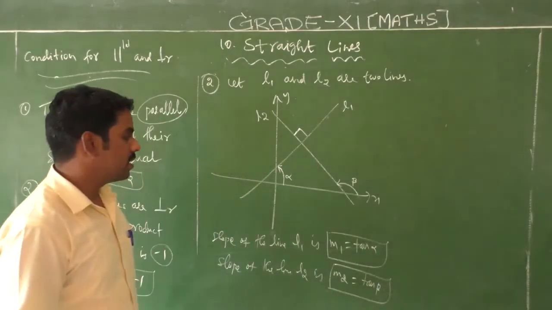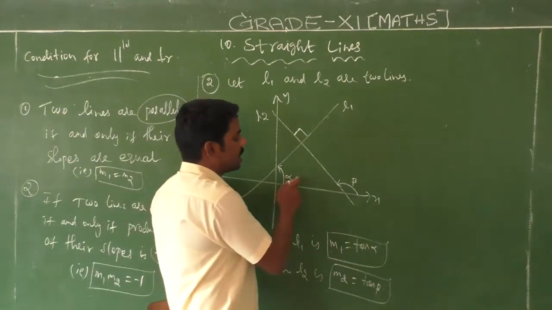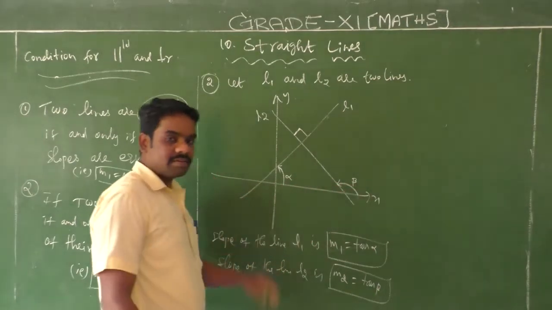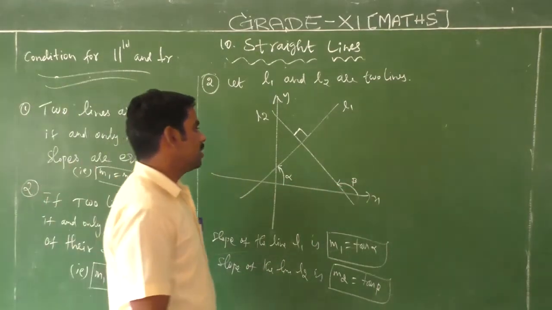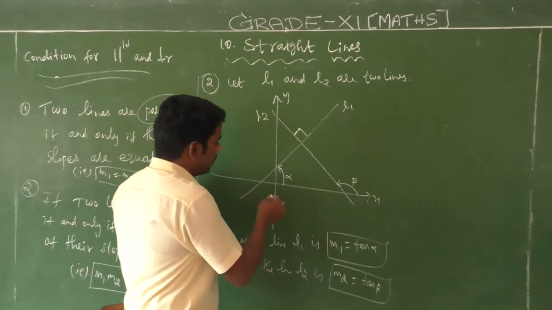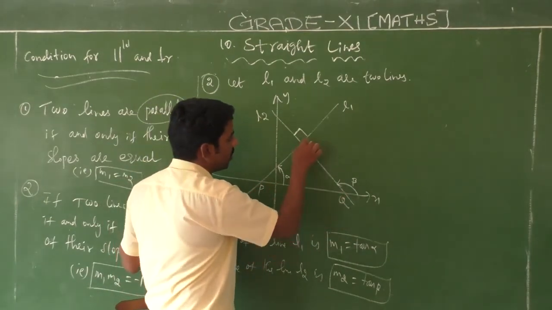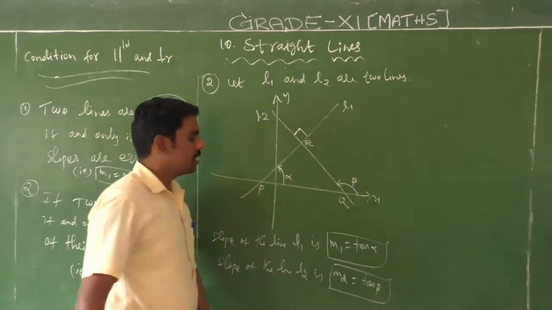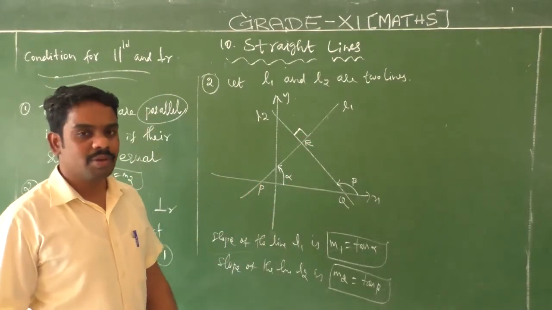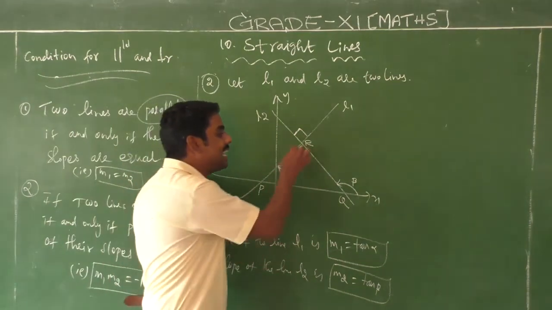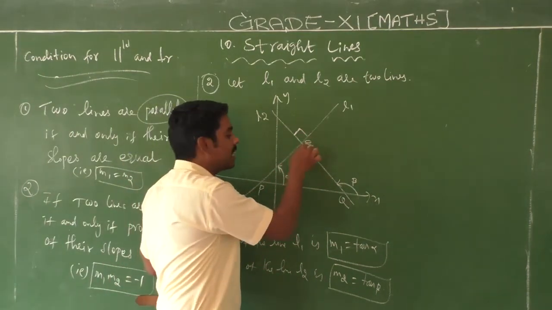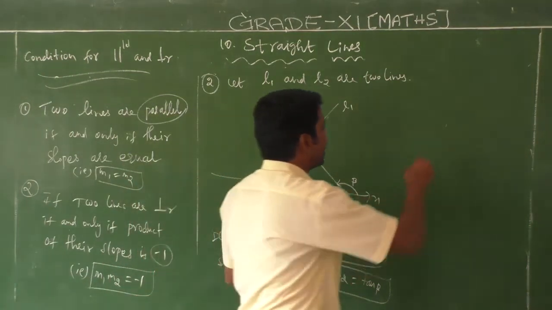Here alpha is acute and beta is obtuse. Consider this point is P, this is Q, this point is R. PQR is a triangle. This is a right angle, so this is a right angle triangle.